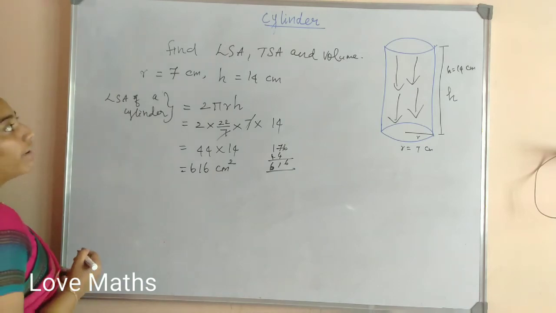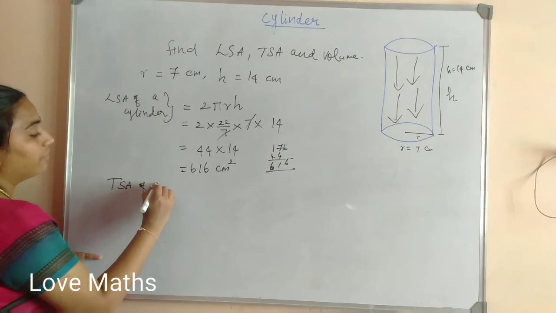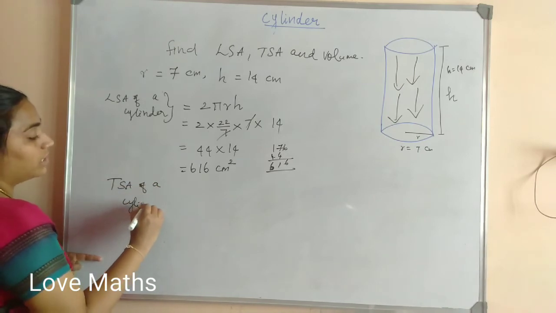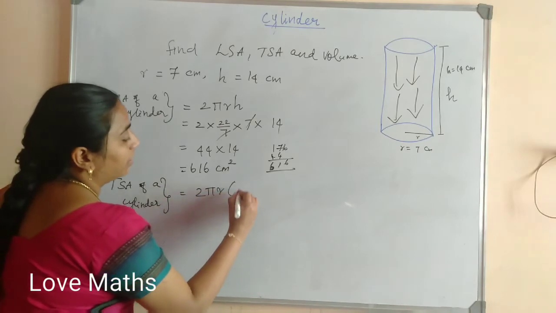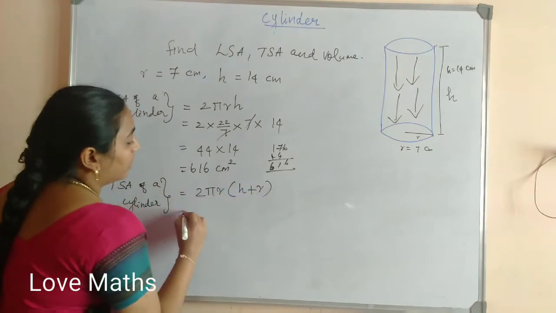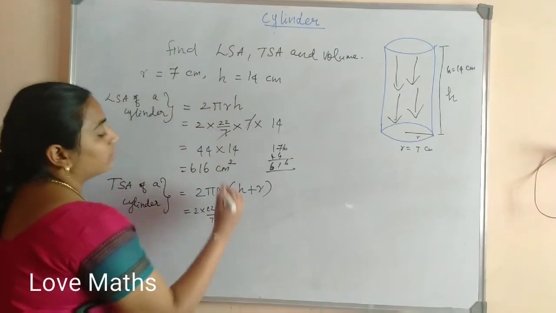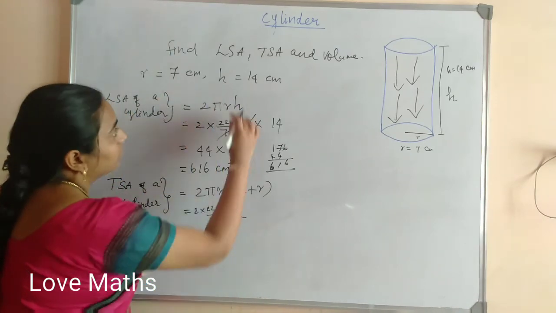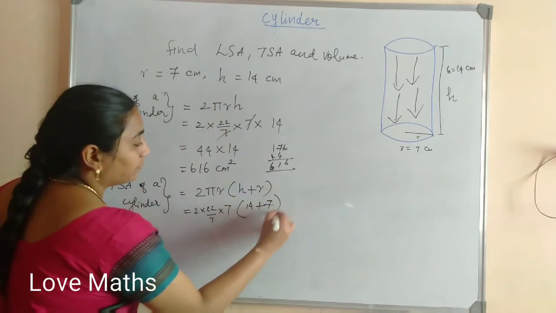Next we have to find the TSA, total surface area of a cylinder. Total surface area, what is the formula? 2πr into (h + r). Okay, 2 into 22 by 7 into r value is 7, into h is 14 plus r is 7.